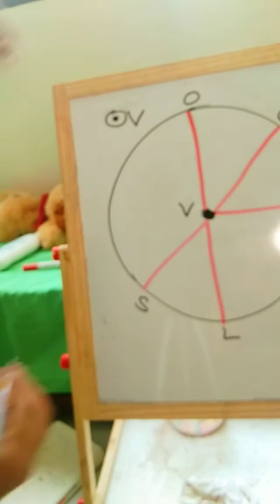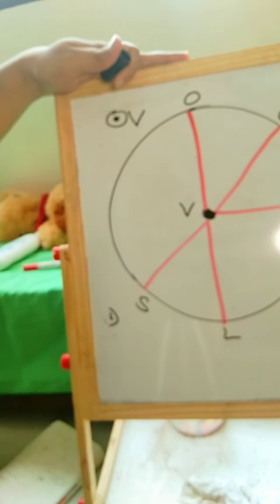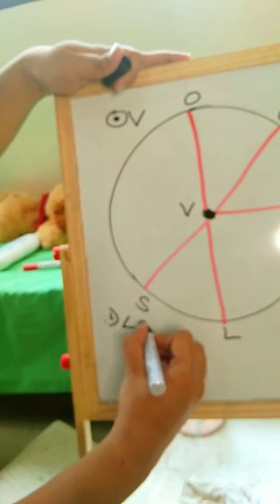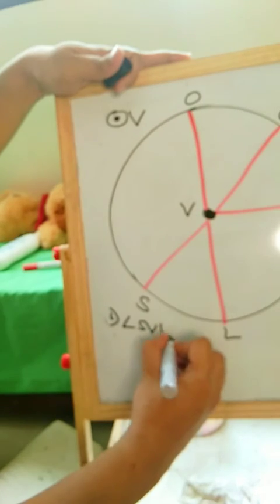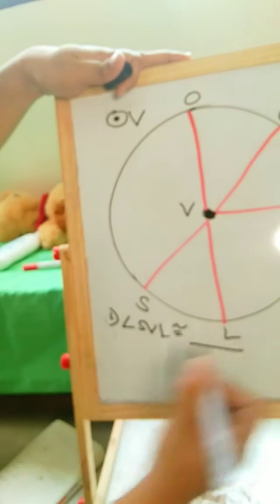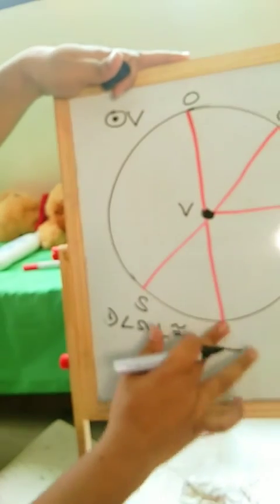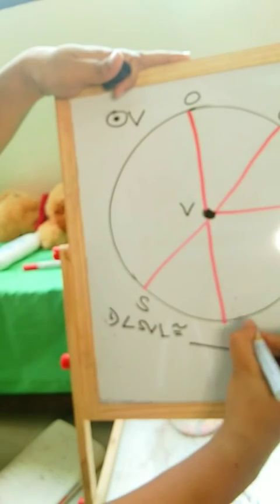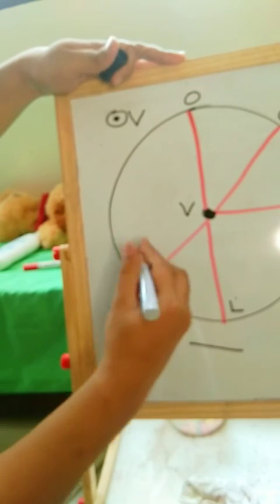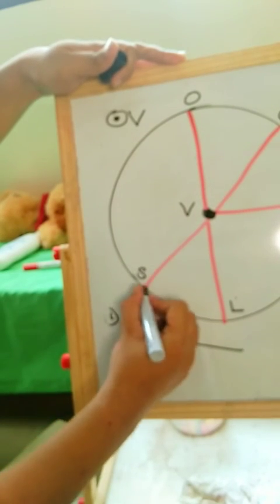Okay? So, let's answer number 1. Okay? Fill in the blanks tayo. Angle SVL is congruent to blank. Teka lang. Ilagay lang natin sa loob na lang lahat ng points para hindi nakakalimutan.